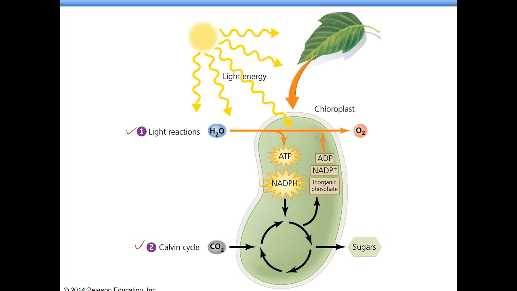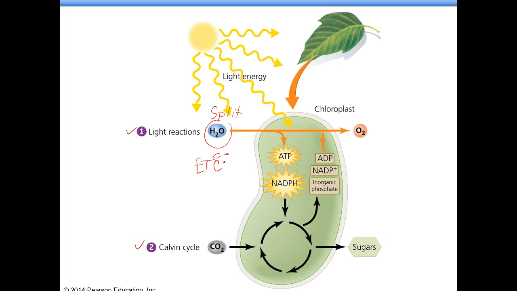So what happens is photosynthesis first happens in plants and algae and some cyanobacteria. It takes the energy of sunlight to split a water molecule. When we split this water molecule up, we're going to get electrons that are going to power something called the electron transport chain.